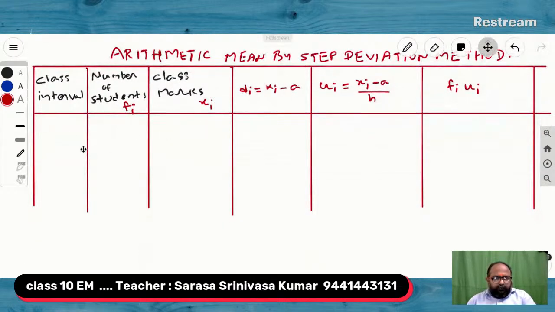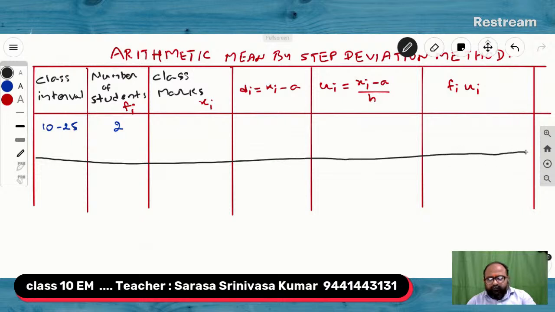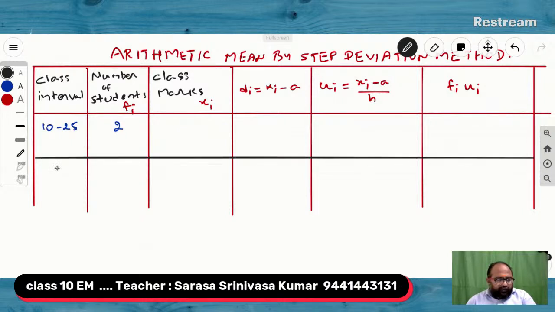Now let us note down the first class interval 10 to 25. In this class interval, there are two students. Second class interval is 25 to 40. In this class interval, there are three students.